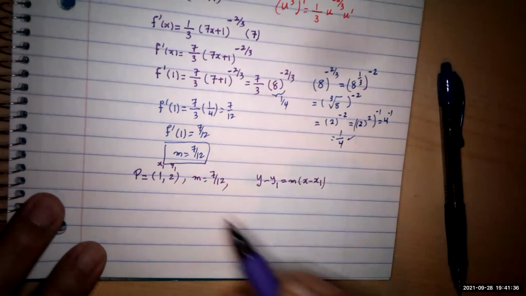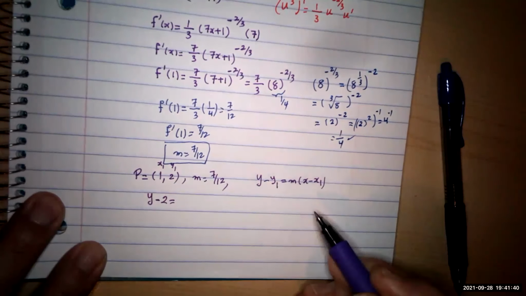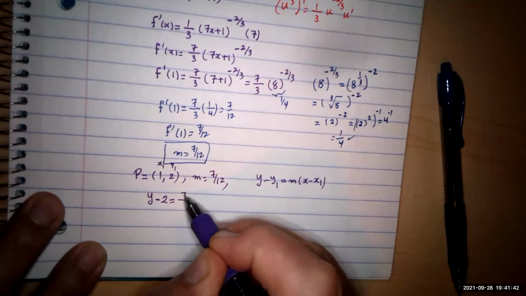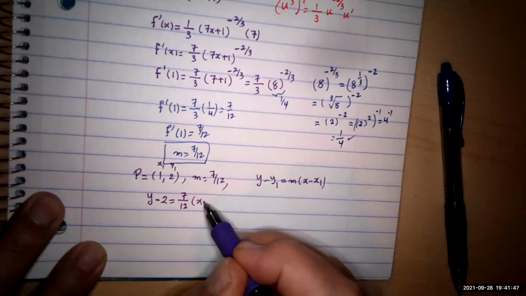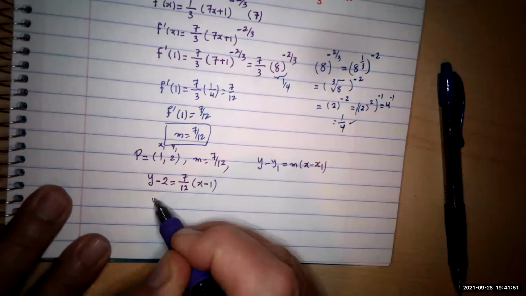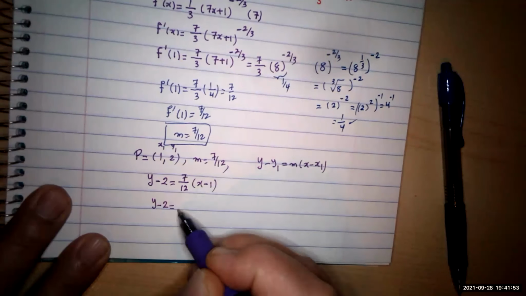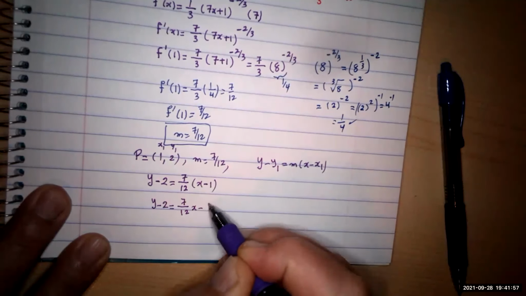Now we substitute. y minus y1 would be y minus 2. m is 7/12, times x minus x1, which is x minus 1. You have to simplify, so it's going to be y minus 2, distribute the 7/12, so 7/12x minus 7/12.